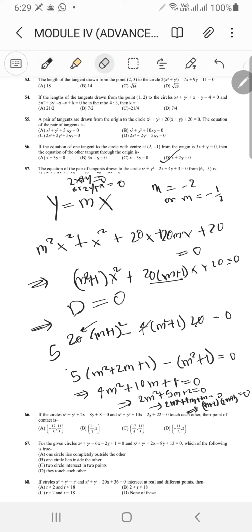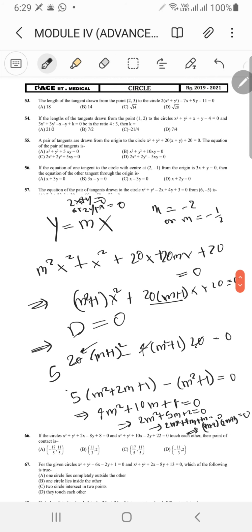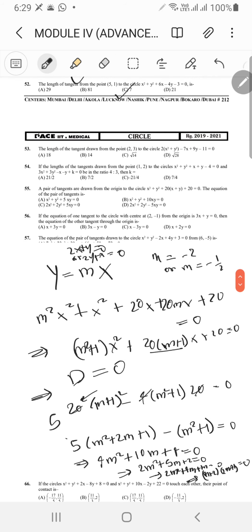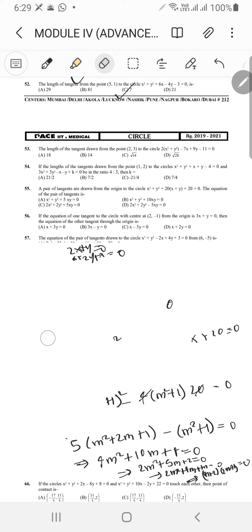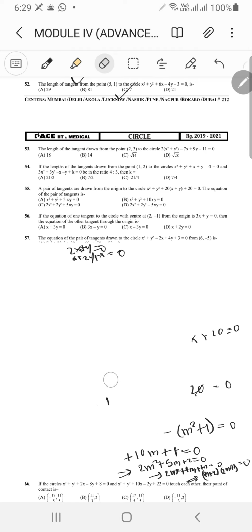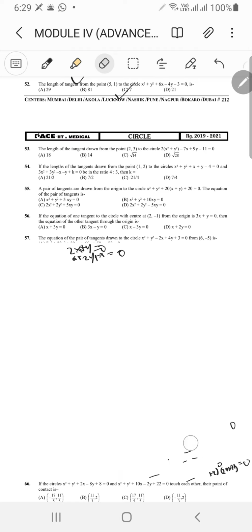Wait, what? Oh, this is not the one which we were solving. Which one were we solving? 55th, right? Oh, so the equation of a pair of tangents, not just the tangents, like the pair of straight lines stuff.